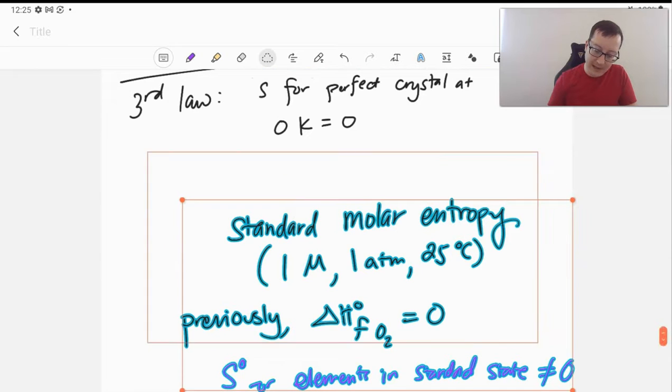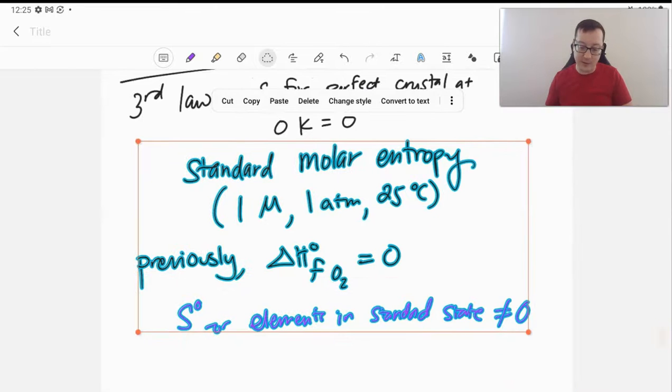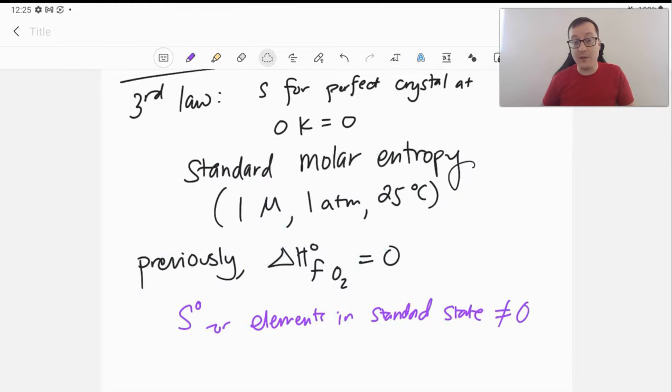We're going to see, unlike for heats of formation, which we saw were equal to 0 for elements in their standard state, the standard molar entropy for elements in their standard state will not be 0.